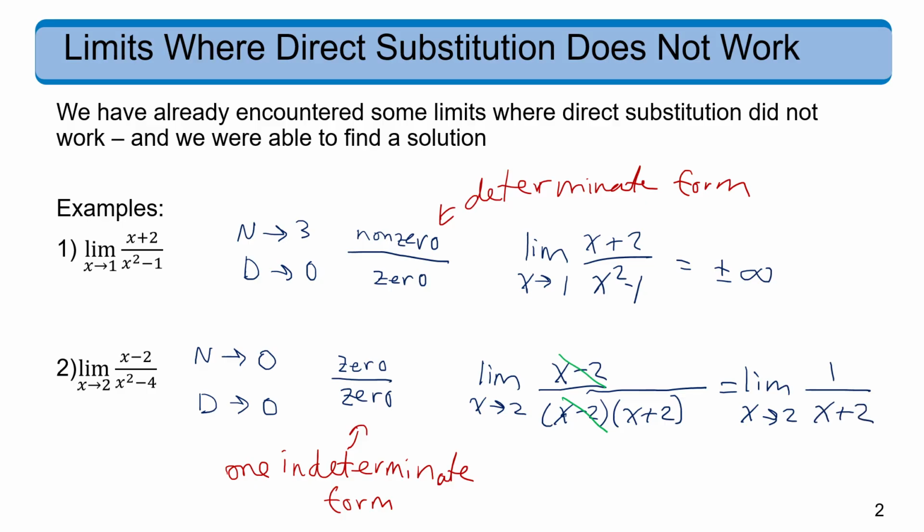We try direct substitution again, and this time there's no problem, right? Because we get 4 in the denominator. So if it's defined, we know the limit will just be what we get from direct substitution. So we get 1/4 as this limit.